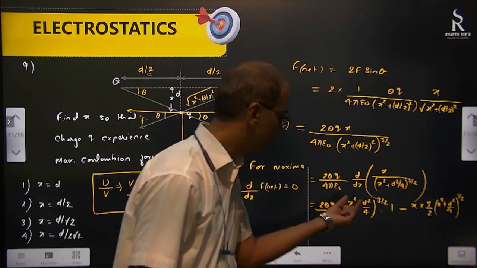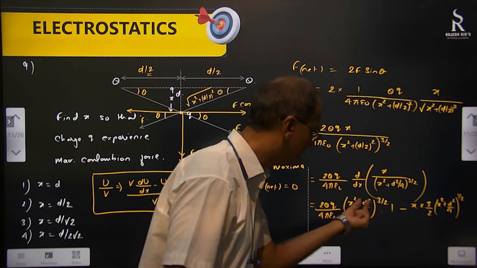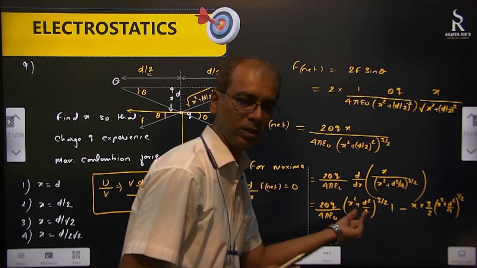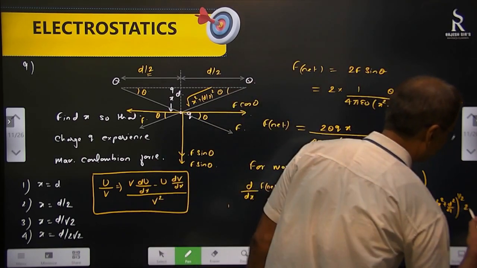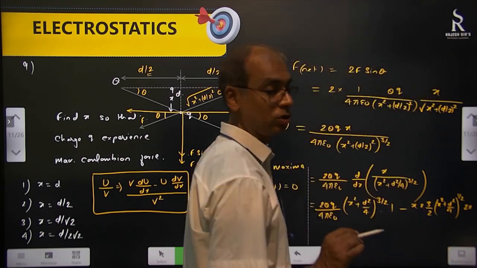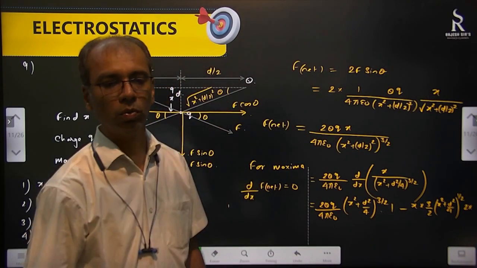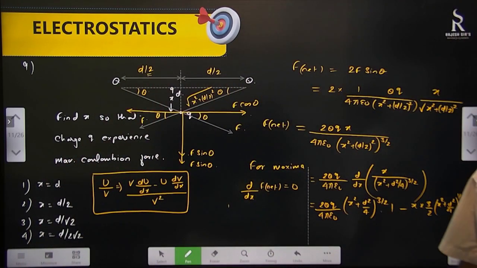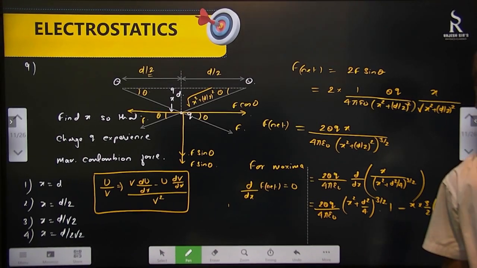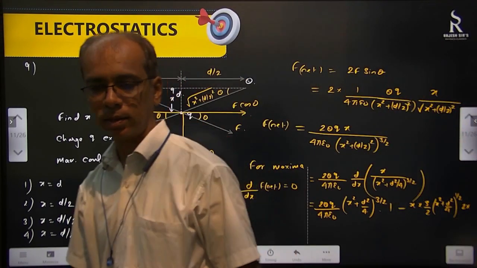Then differentiation of this inside. x square differentiation will be 2x, and d square by 4 differentiation is 0 because that's constant. So x square differentiation is 2x, right? 2x. Okay, I am assuming that you remember how to do u by v differentiation. That's why I am not telling you much about that.